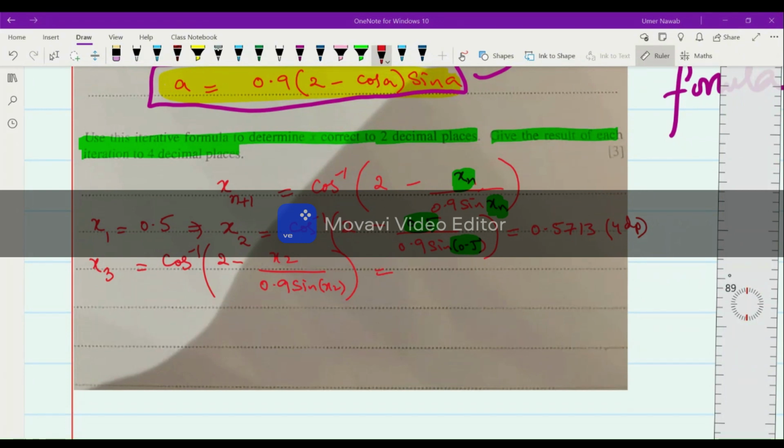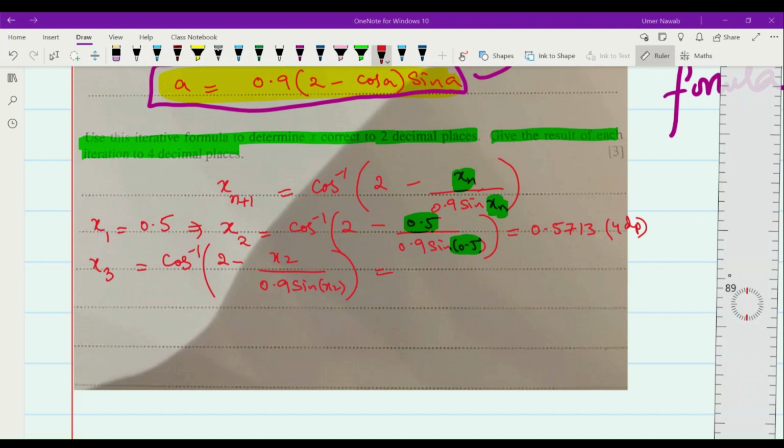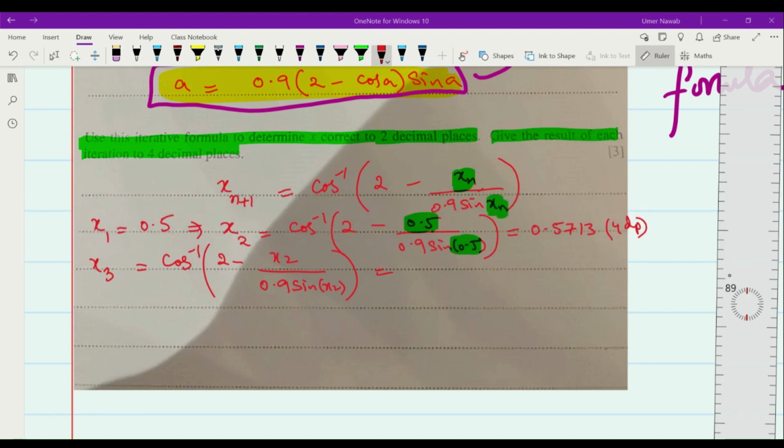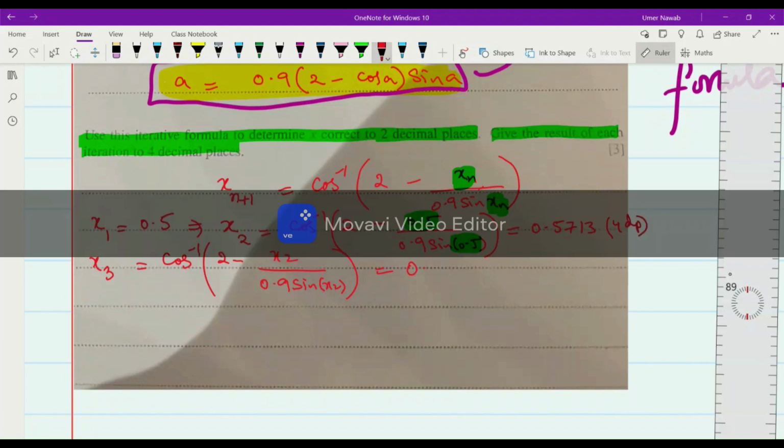So what I'm going to do, guys, is replace 0.5 with ans, and in the numerator I'm again going to replace 0.5 with ans. Ready? So press the equal sign to get your x3. So x3 comes to me 0.5987, to four decimal places.